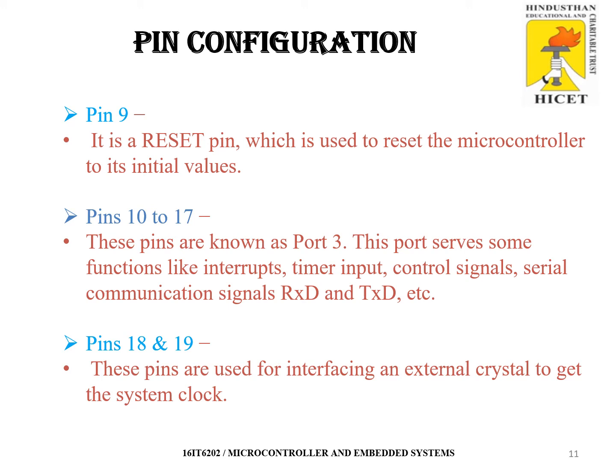The next pins are T0 and T1, which stand for timer 0 and timer 1. The next pin is WR bar, which stands for write. Whenever it is low, the write operation is active, and if write is equal to 1, that is high, that means the connected device is ready to write, the document can be edited.